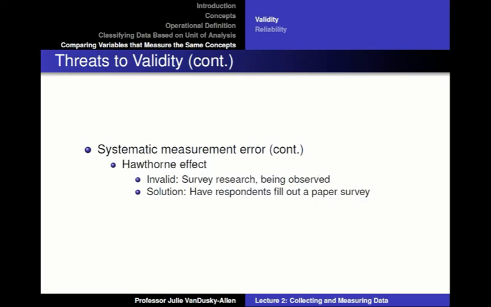The Hawthorne effect also leads to systematic measurement error. The Hawthorne effect occurs when you're collecting data from individuals, and those individuals behave differently because they are being observed. So, for example, we know that when survey researchers ask respondents questions about race-related issues, the race of the survey researcher and the respondent matter.